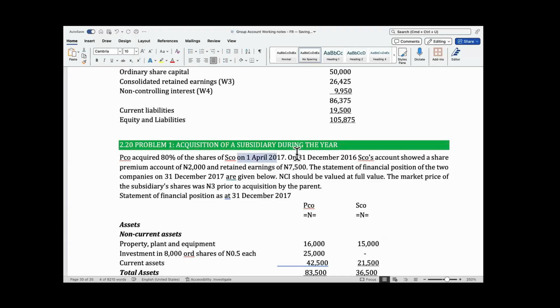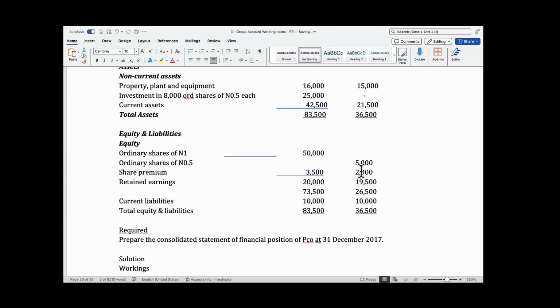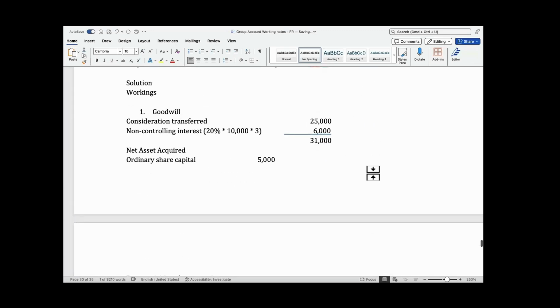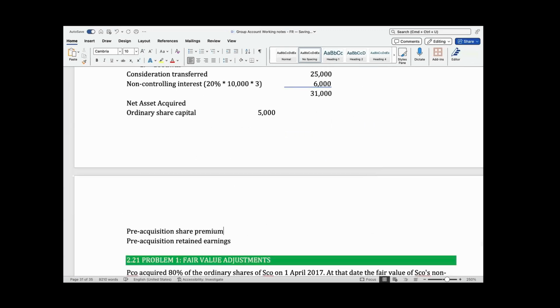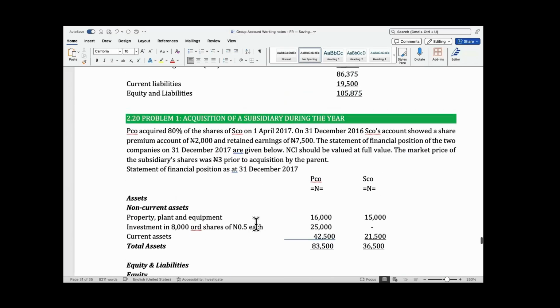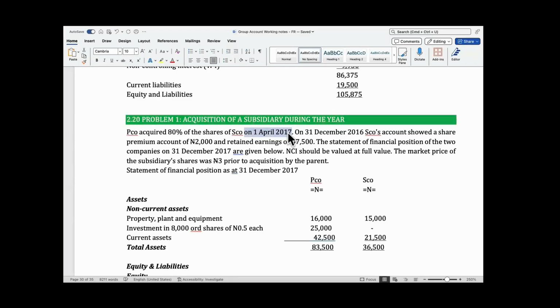The question gave me the share premium as at the beginning of this year: 2,000. In the account, the share premium of the subsidiary hasn't changed, so it has been 2,000 all along. Even in April, it will have been 2,000, the same as at December.